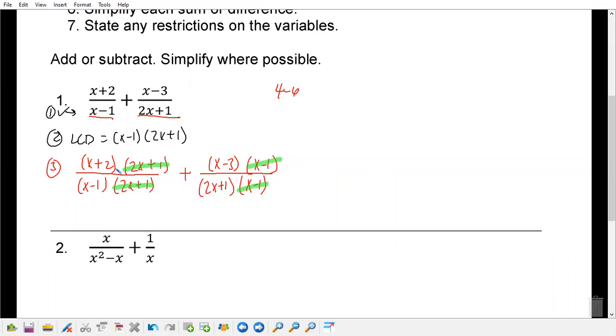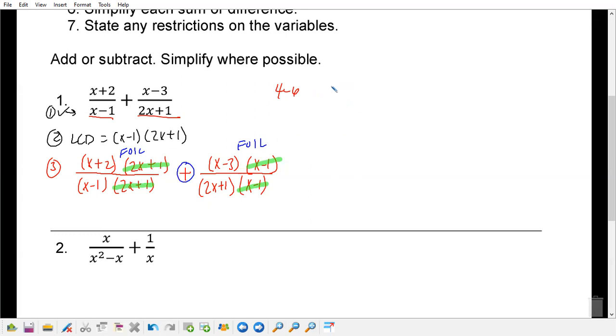So when I multiply here, I have to FOIL to combine. Again, we're FOILing, and we're going to also FOIL here. And we're combining through addition, so we won't have to worry about any parentheses.